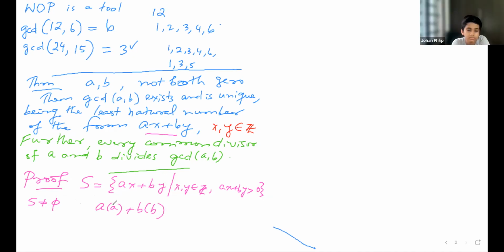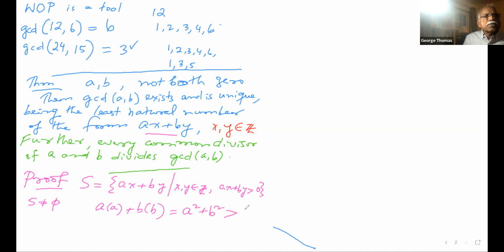Choose x equals A, y equals B. That will be A squared plus B squared. Now, since not both are 0, this is bigger than 0. So there exists a number of this form in the set S. So S is not empty. Follow?